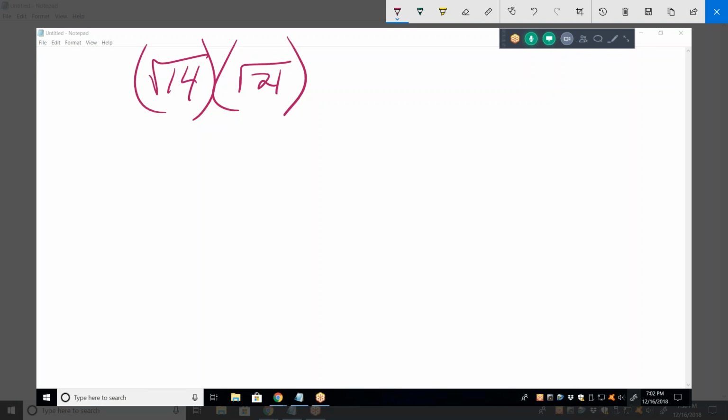Well, there's a couple of ways you could do this. You can multiply 14 times 21, which gives you 292. So it's the square root of 292. I did that in my head, but I think that's right. No, it's 84 plus 210, so it's 294.